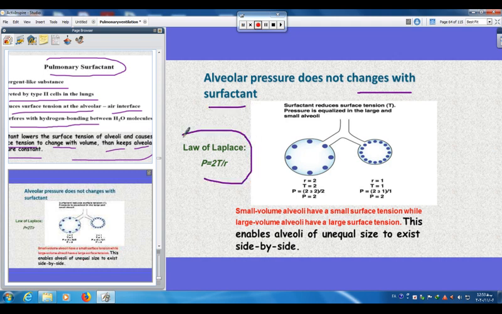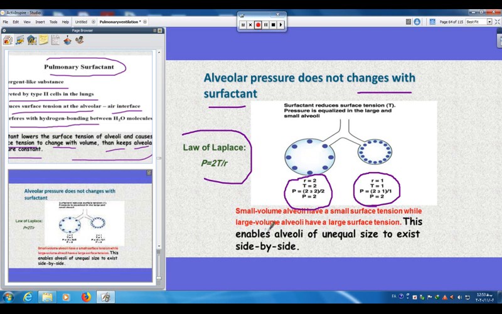Based on the law of Laplace, the surfactant reduces surface tension, and pressure is equalized in the large and small alveoli. For example, in the presence of surfactant, pressure in this alveolus is 2, and in this alveolus as well is 2. Small volume alveoli have a small surface tension.